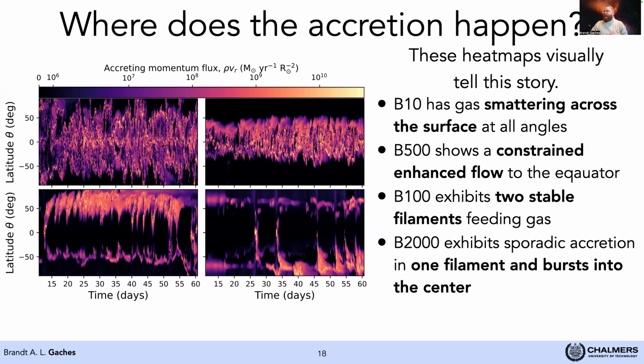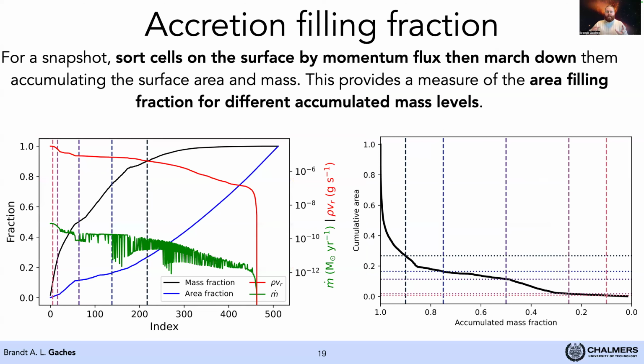This is great. But one of the things that people really care about for starvation models is not just what mode of accretion, but what's the filling fraction of that accretion. And this turns out to be a complicated question to answer. Part of this is because there's also a lot of low-level accretion, where the accretion rate is negligible compared to the total accretion rate at that time, but it's still there.